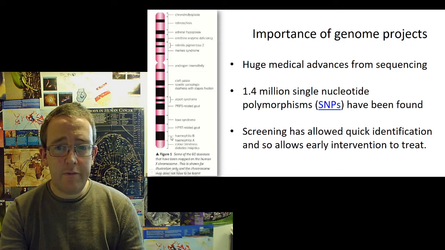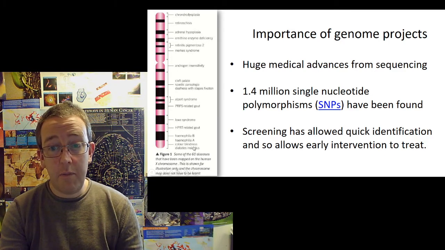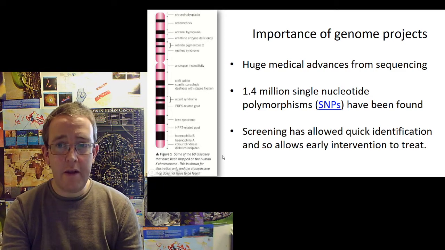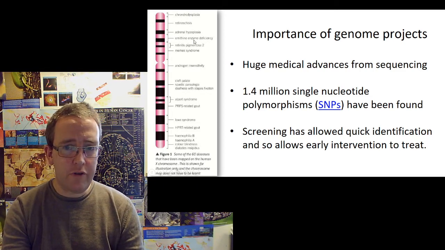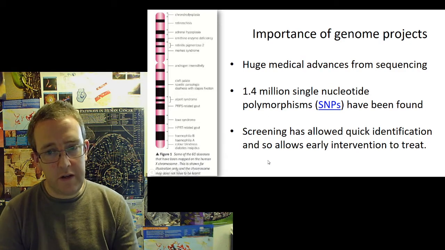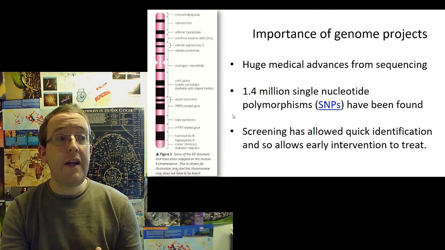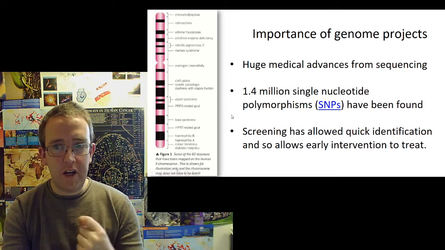There are really famous ones here, like haemophilia A and B, which are X-linked, and colour blindness, which famously affects men more than women. But there's a whole bunch of other ones, so cleft palate, some deafness, all those different genes on there. So that's why understanding what is in the genome is important.